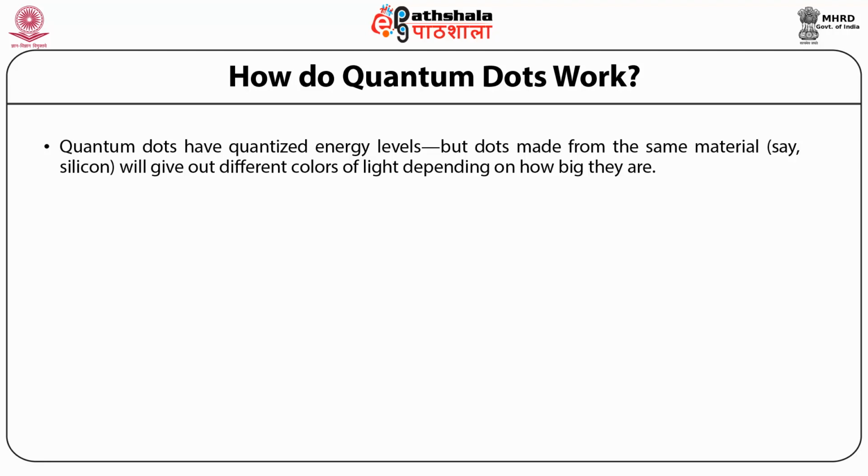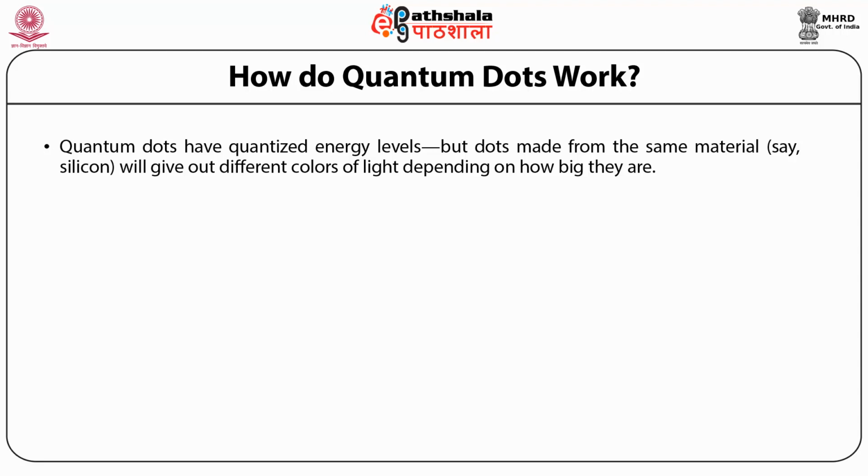However, the arrangement of energy levels within a quantum dot is also influenced by the dimensions of the dot. Thus, a quantum dot made from the same material can be tuned to emit light of different wavelengths or colors, depending upon the size of the dot.